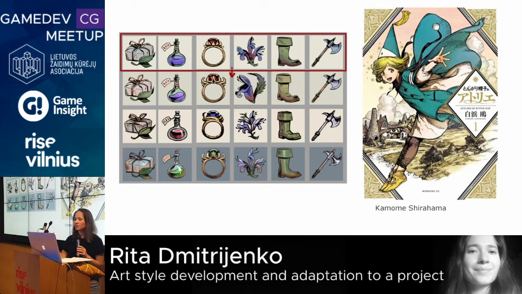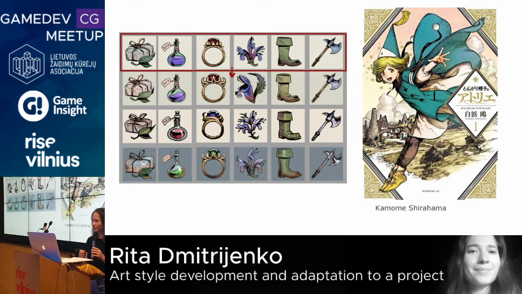So this is when I stumbled upon this image by Kamome Shirahama. She had this wonderful way of solving the blocky, black blocky style of shading. She turned the black blocks into these beautiful and fancy little ink strokes, right? And it had a bit of a medieval vibe to it as well, so it really suited the theme.